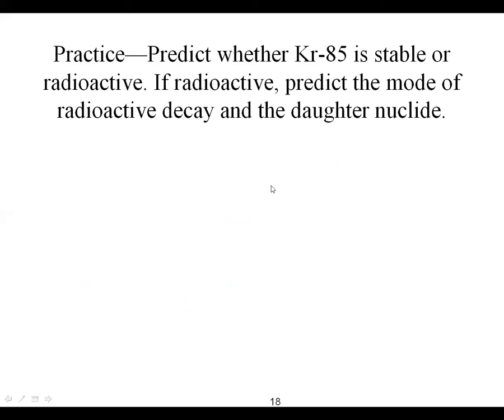All right, let's take a look here. So we got krypton 85. So again, our krypton with our 85, which is our mass number, which is our neutrons and our protons. From the periodic table, we see krypton is 36. That means the number of neutrons is going to be 85 mass number minus 36, which is our atomic number.